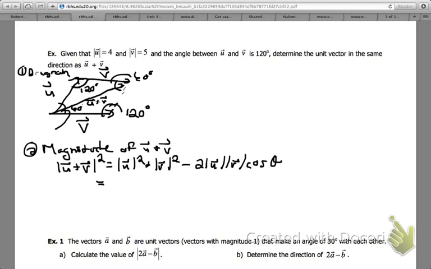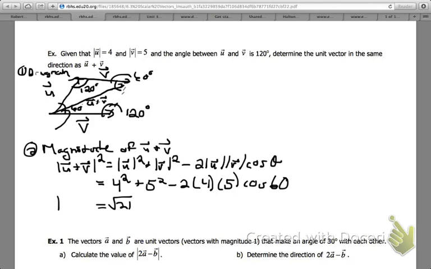So let's sub in for what we know. We have 4 squared plus 5 squared minus 2 times 4 times 5 cos 60, because we need to use our acute angle here. When we do all of our calculations and take the square root, we get the square root of 21. So that is the magnitude of u plus v.